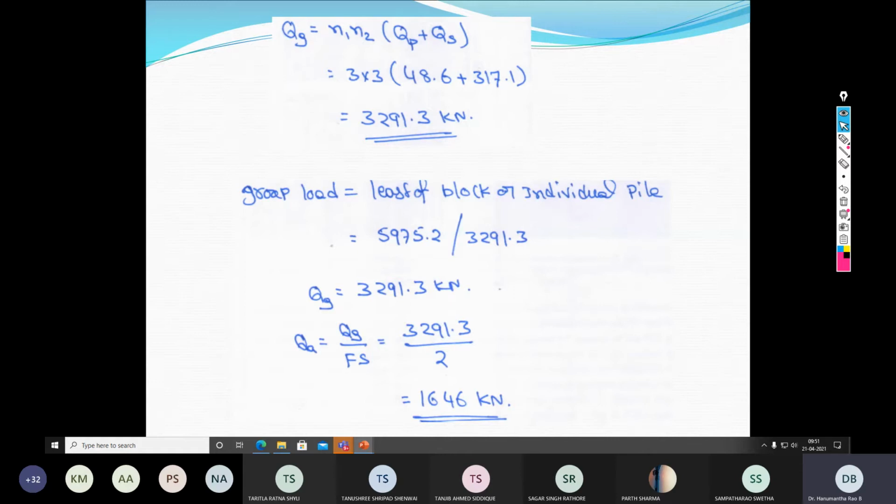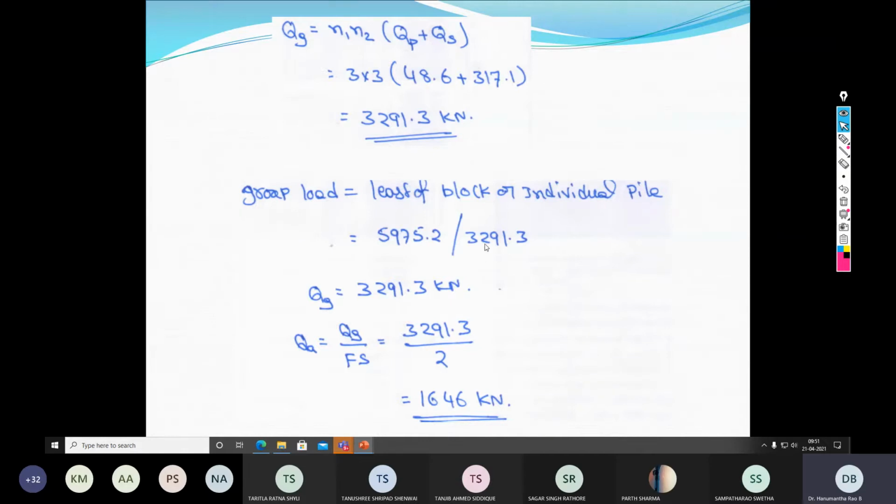Now as per the statement of the previous class discussion, the pile group capacity is nothing but the least of either block or individual pile failure mode. So when we considered the block failure mode, what we got is 5975.2 kilonewton, and when we considered the individual pile failure mode, we calculated 3291.3 kilonewton.